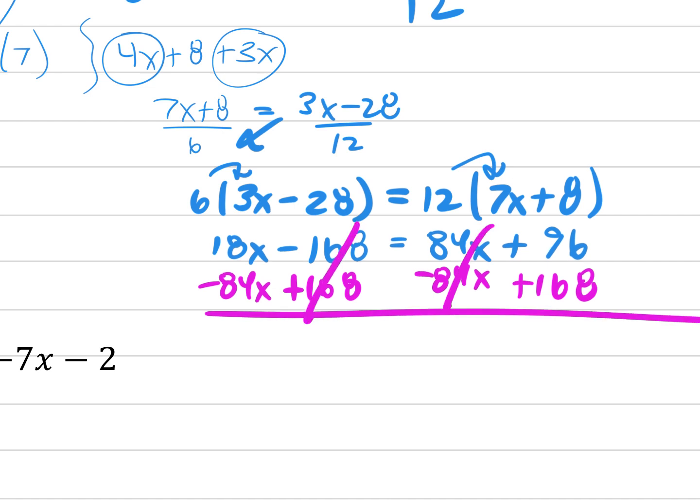Now what? Anybody? What's 18 minus 84? Negative what? 66. Okay. I'm just going along with you guys. What's 96 and 168? 264.